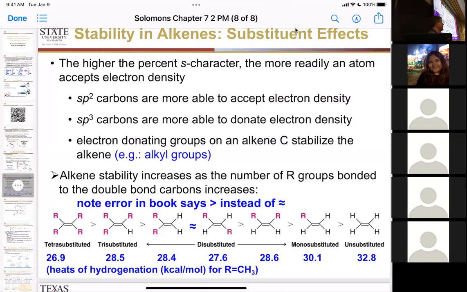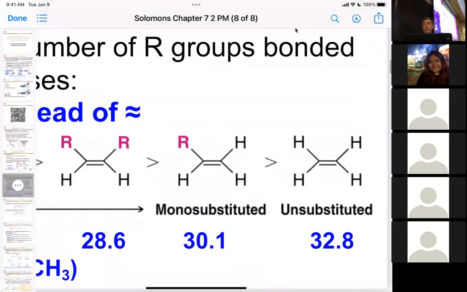So what that means is that the double bond wants more electrons, and it can pull electrons in from the groups, just like in carbocation stability. So the more groups we have donating, the more stable the double bond is, because it's pulling in from every carbon you add, a little bit more electron density. So an unsubstituted alkene here, this is just ethylene with no substitution at all, those hydrogens cannot donate any electron density.